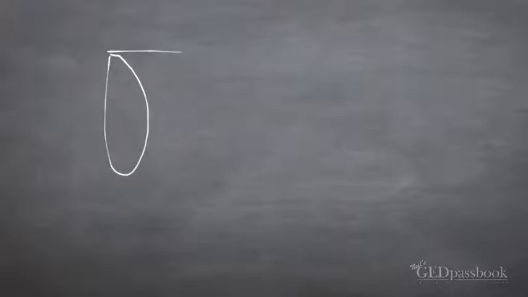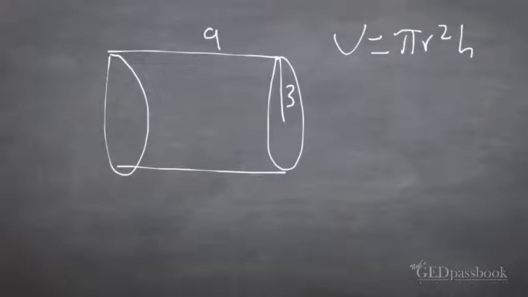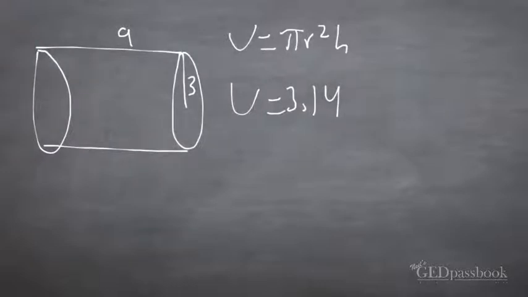Don't be surprised if they give you a cylinder like this, and then they give us the radius of 3, and this one's 9. Some students think, if the volume of a cylinder is pi r squared times height, 3.14, that the h is the 3 doubled, pretty much the diameter, which makes logical sense, honestly.